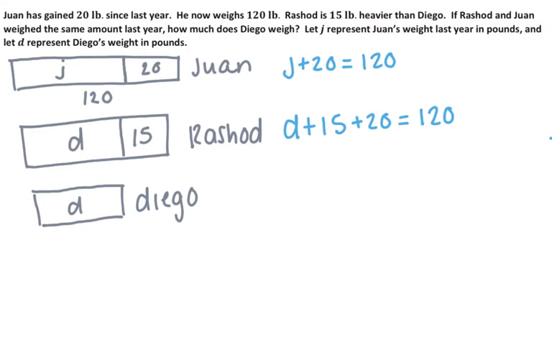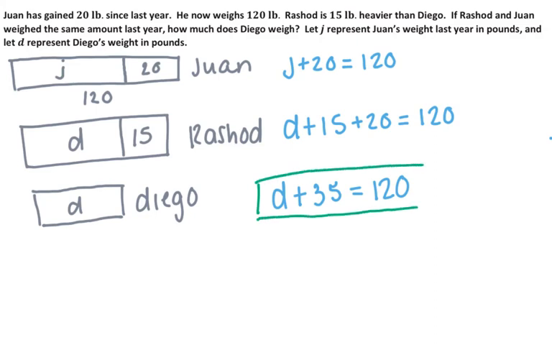And the final tape diagram can be used to write a third equation. And our third equation is going to be D plus 35 is equal to 120.